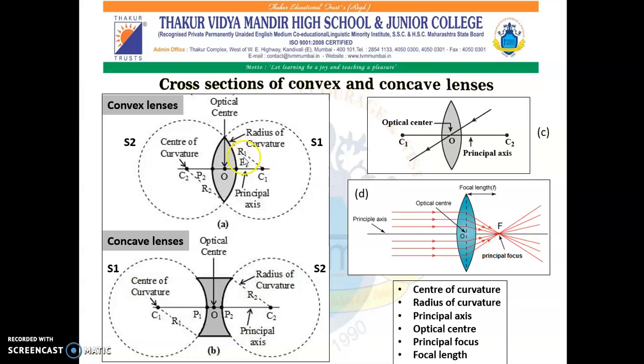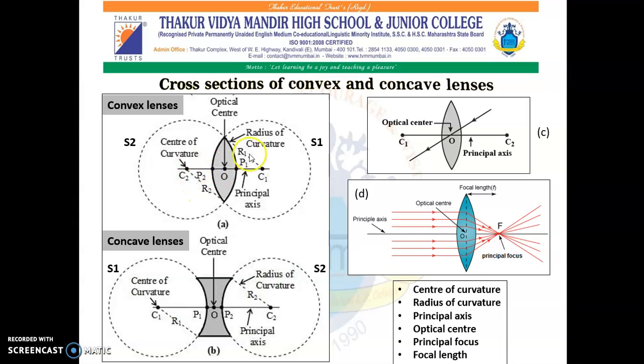Cross sections of convex and the concave lenses are shown over here in parts A and B of the figure. Let us understand a few terms that are related to both these lenses. Center of curvature. The centers of the spheres whose parts form the surfaces of the lens are called centers of curvature of the lens.